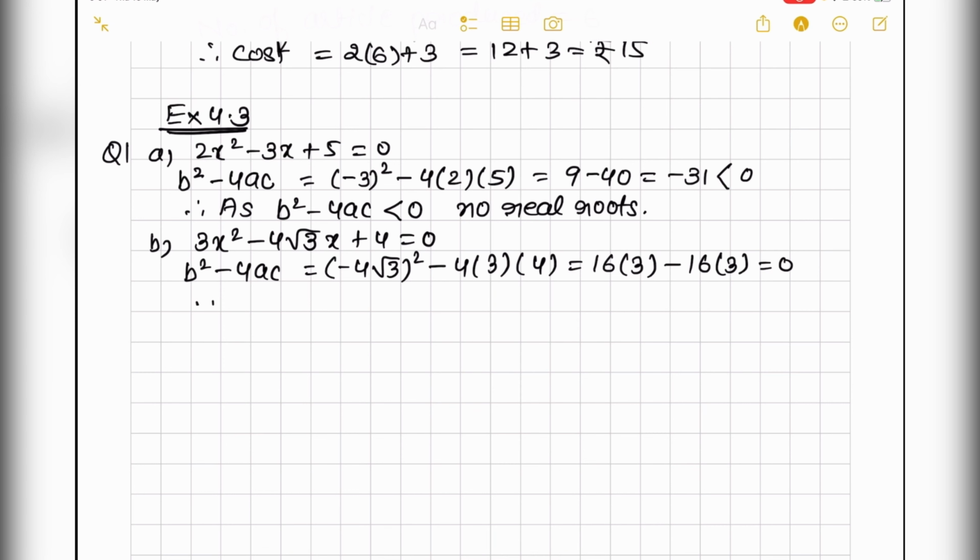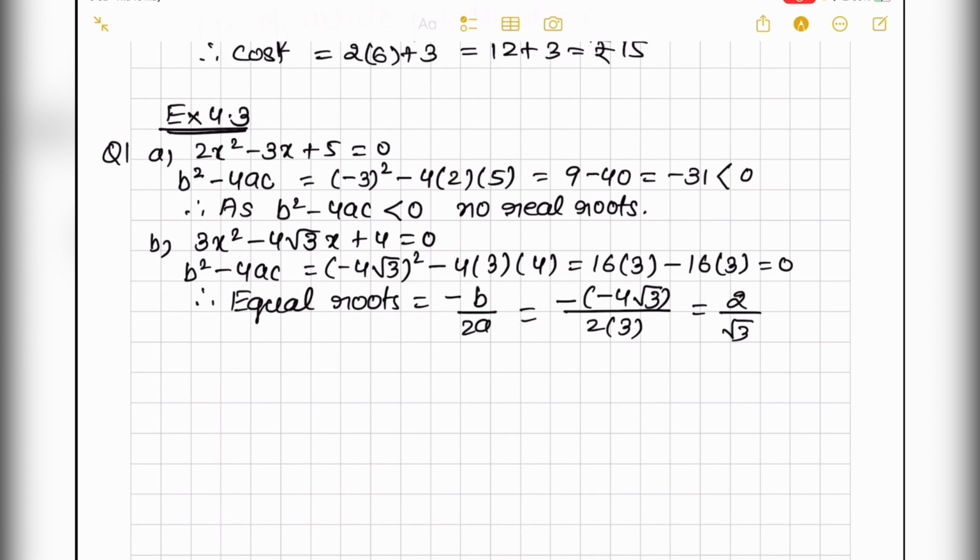So equal roots, and they are minus b by 2a, which will be minus of minus 4 root 3 upon 2 into 3. So minus minus plus, and this will be 2 by root 3, because 2 ones are 2, 2 twos are 4, and root 3 will cancel, so 2 by root 3.